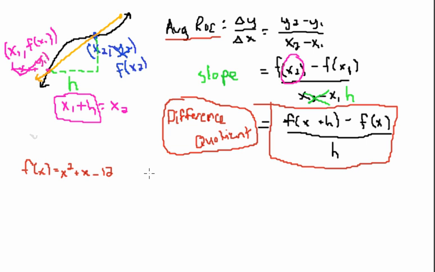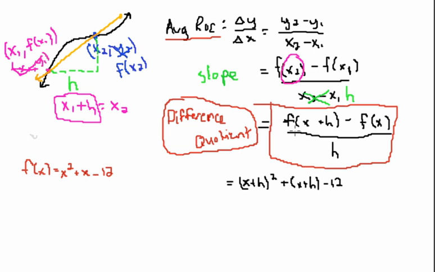When it says f of x plus h, we're just moving over to x plus h, so everywhere I see an x here, I'm going to put x plus h. So it would be (x plus h) squared plus (x plus h) minus 12.